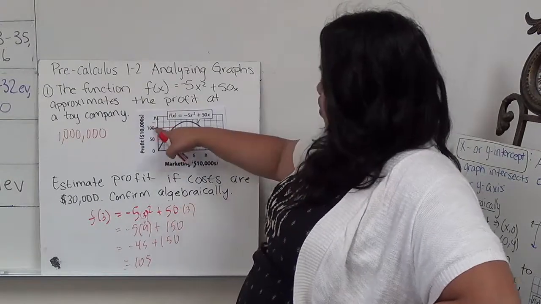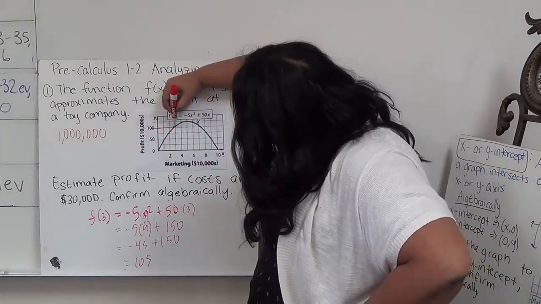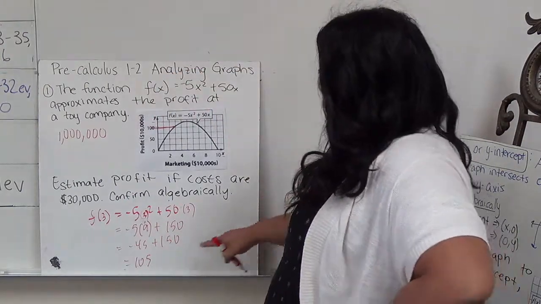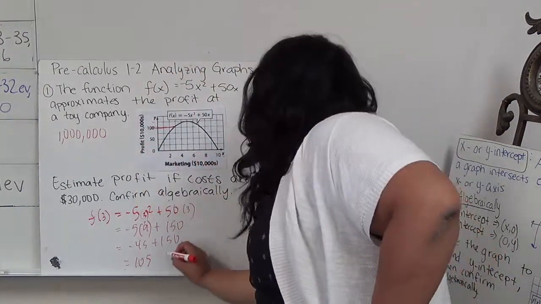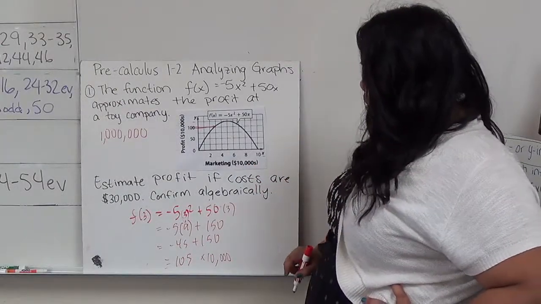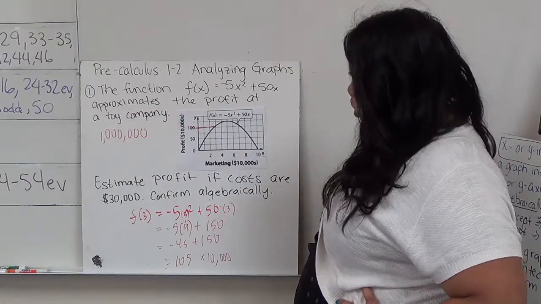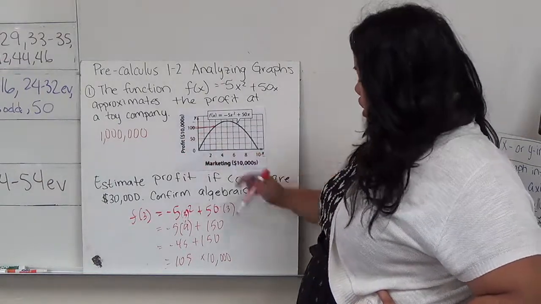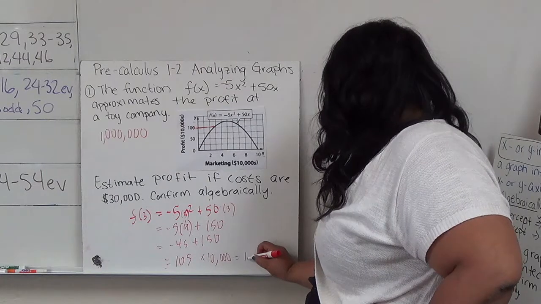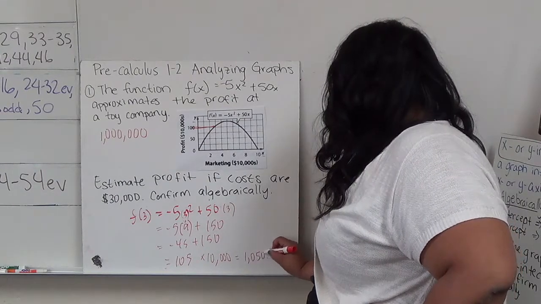Which is near 100, right? Because if I look at this, it's actually a little bit above 100. So if I multiply that by 10,000, because the profit, sorry, not the marketing, the profit is in 10,000s, I'm going to multiply that, and it gives me 1,050,000.